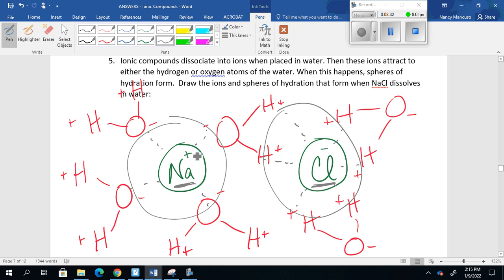And the pluses are going to get attracted to the negatives of oxygen. So oxygens are going to go around it in a circle. And then the Cl is negative. So any negative ions are going to get surrounded by the positive H's of water. And that is called a sphere of hydration.